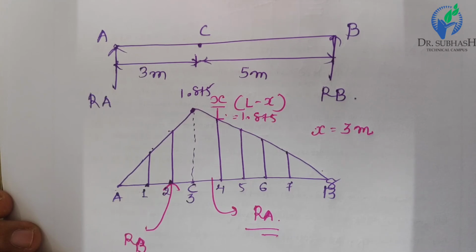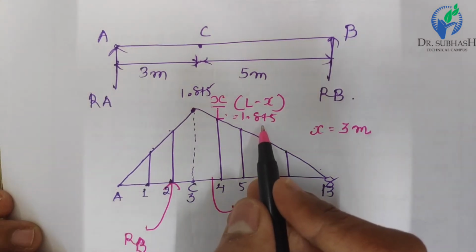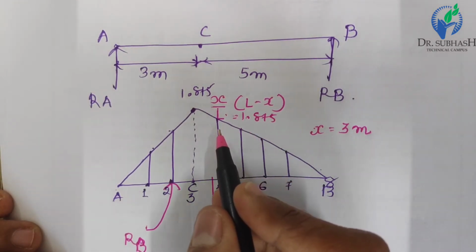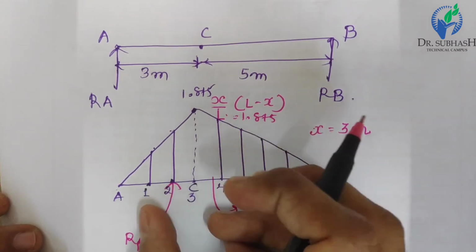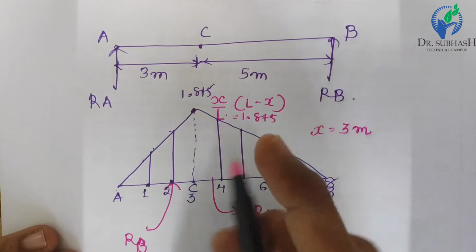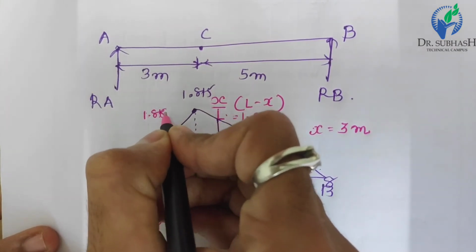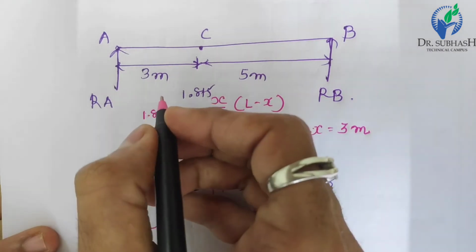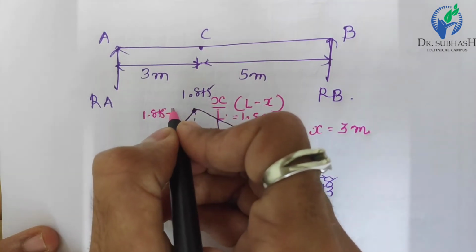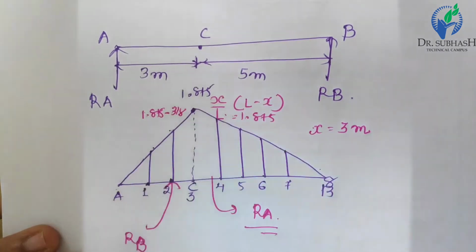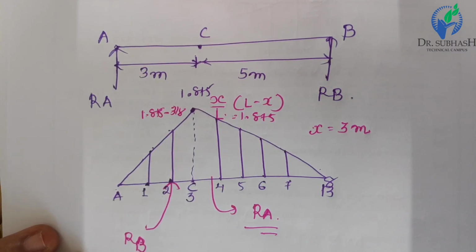So what we do is subtract from this 1.875 the shear force diagram coordinate. Now what should be our first point? This is the effect of RB. So 1.875 minus our first point of RB, which is 3 by 8. 3 by 8, if you calculate it, is 0.375.